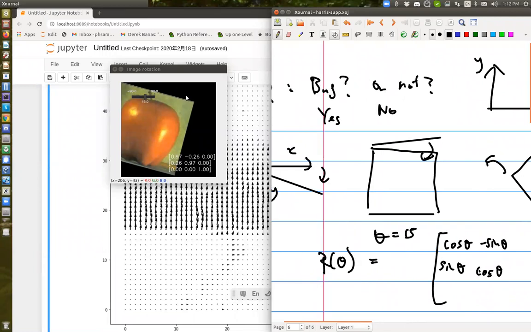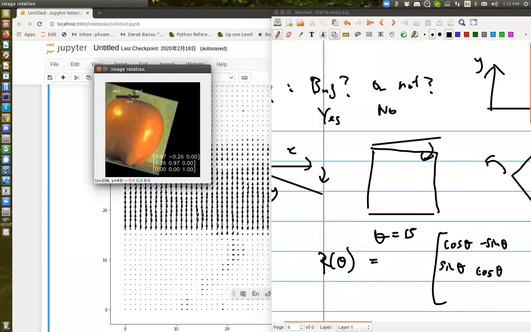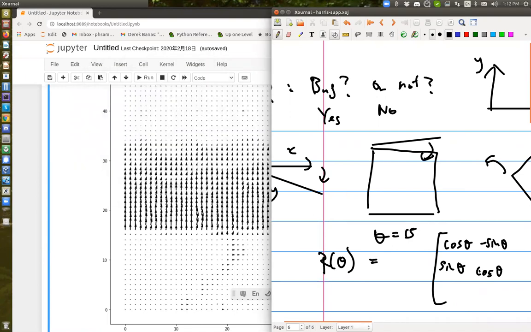So this is an example of rotation. I can show, for example, shearing here. Let's see, let me try. Wait a sec.